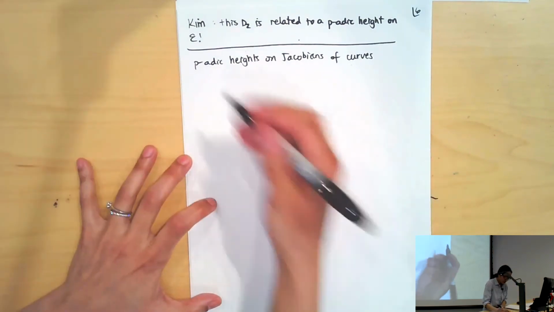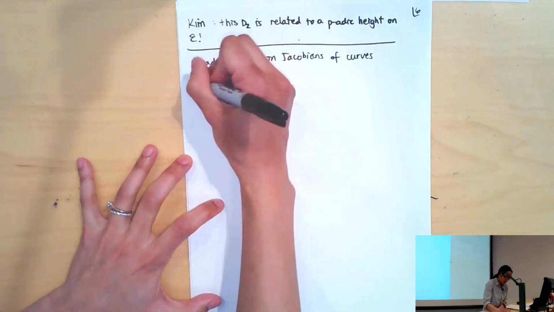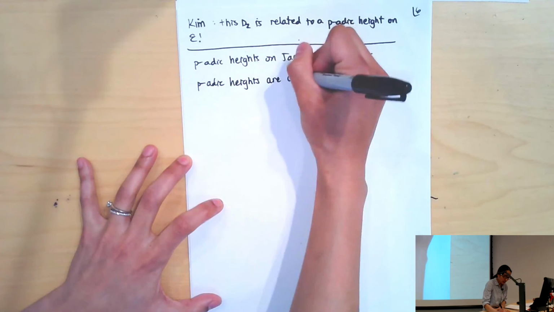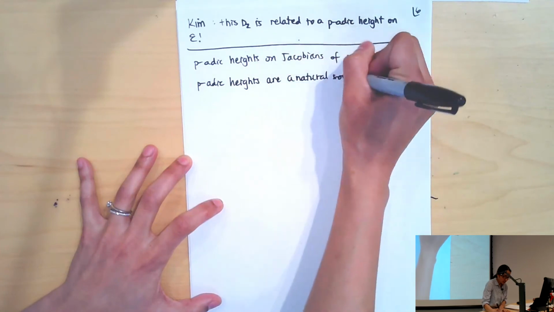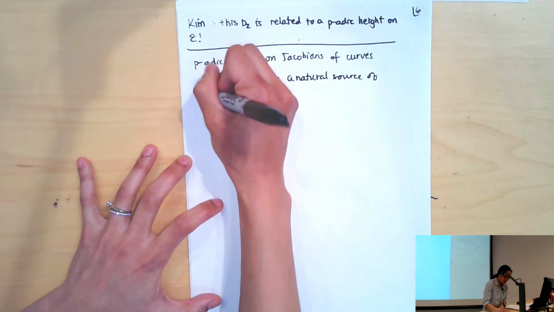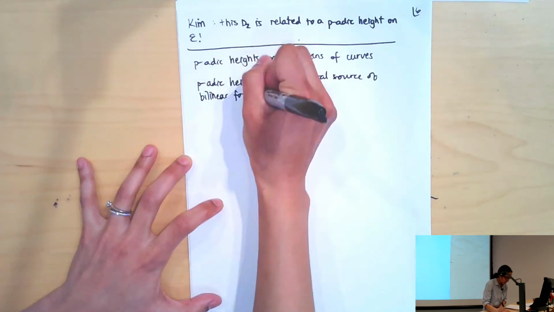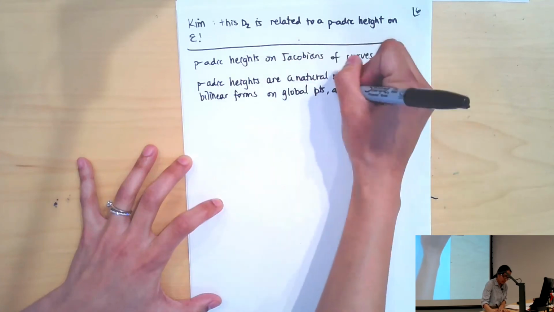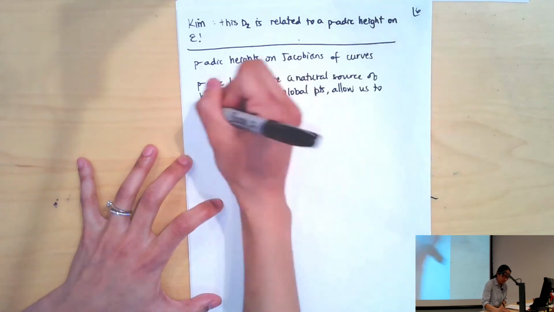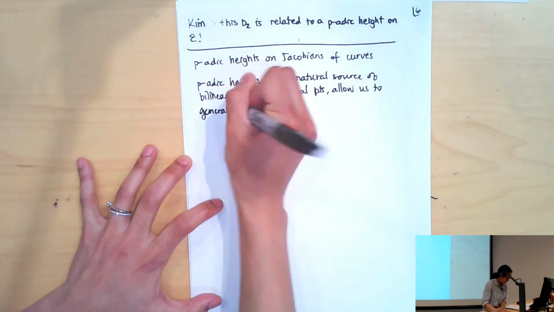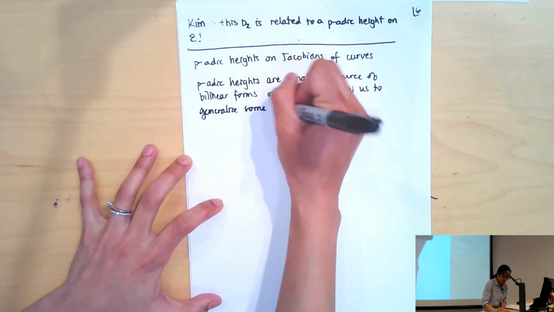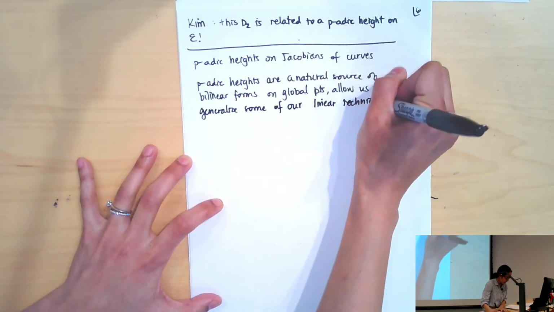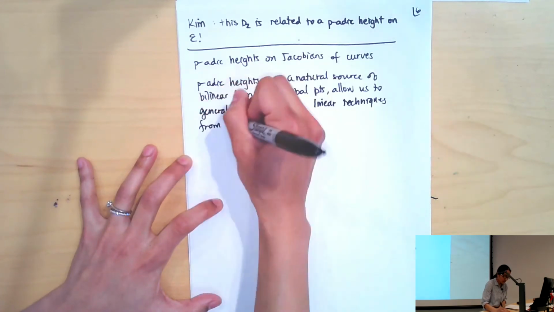All right, so why do you want to do this? Well, p-adic heights are a natural source of bilinear forms on global points. And they allow us to generalize some of our linear techniques from Chabauty-Coleman.